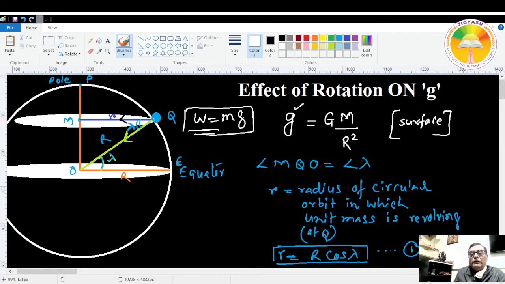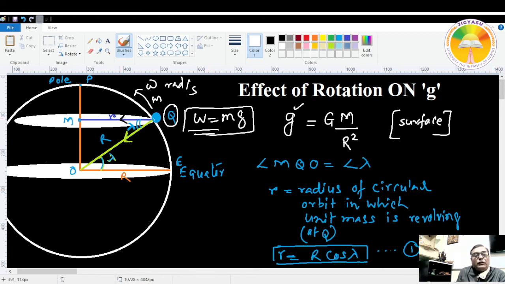Started with g equals GM over r square. This is the angular position of a particle of mass m kept at point Q. This particle will also be rotating with angular speed omega, which is expressed in radian per second, along with the earth. And any rotating body requires centripetal acceleration.